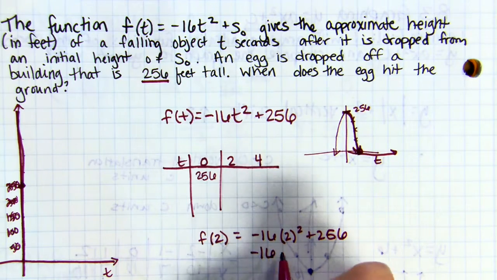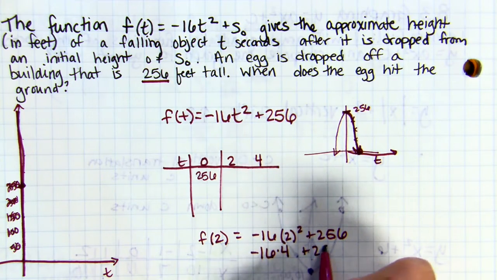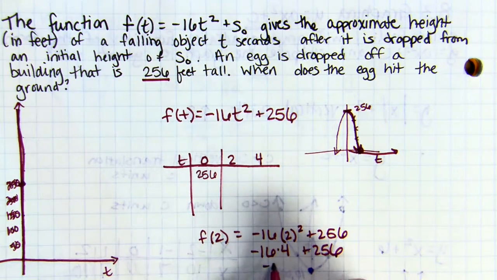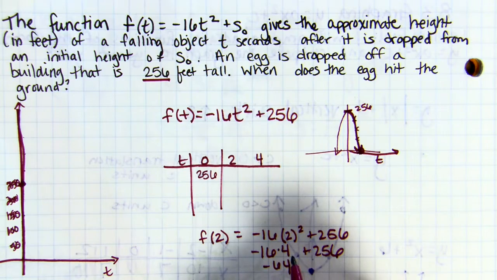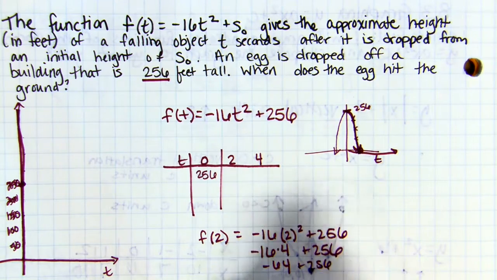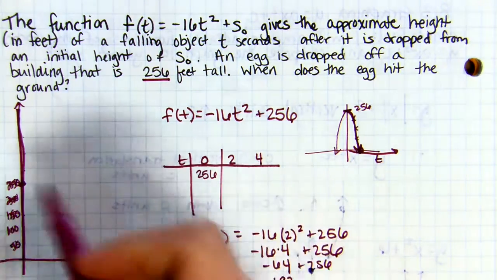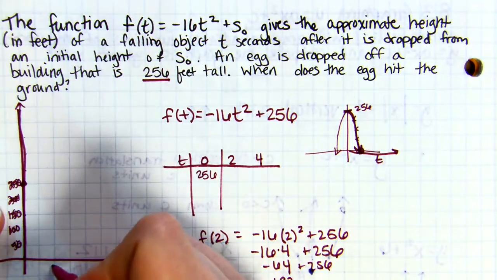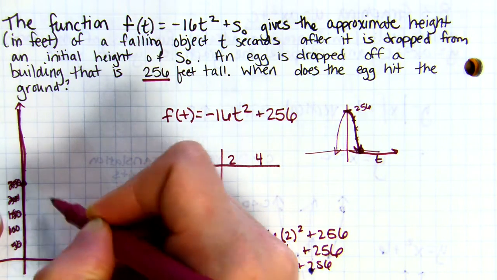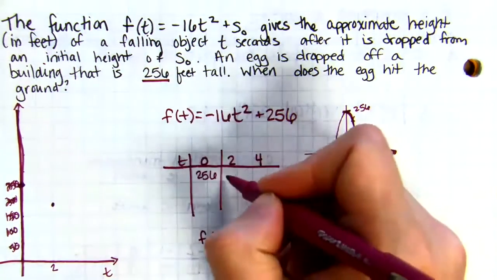So that's negative 16 times 4, which is negative 64, plus 256 will give me 192 feet. So if this is 2 seconds, it's going to be right about here. So not quite on the ground yet.